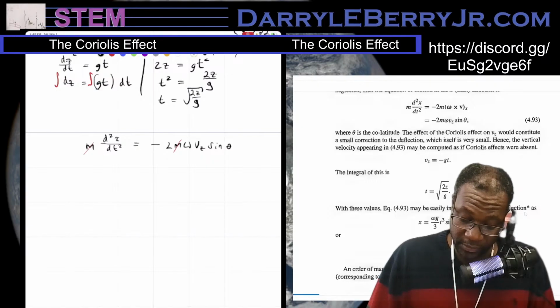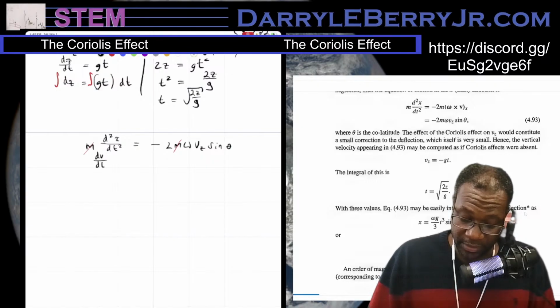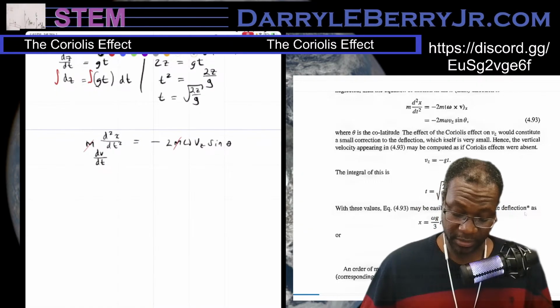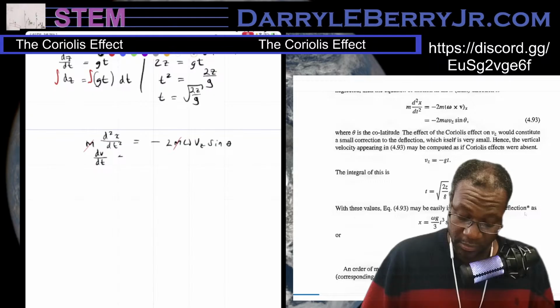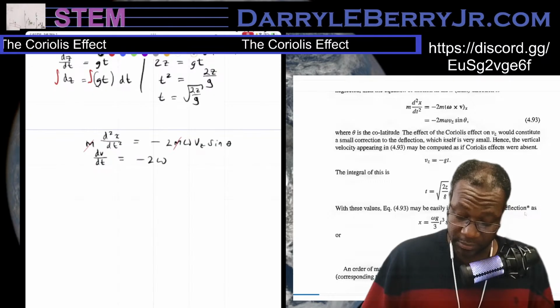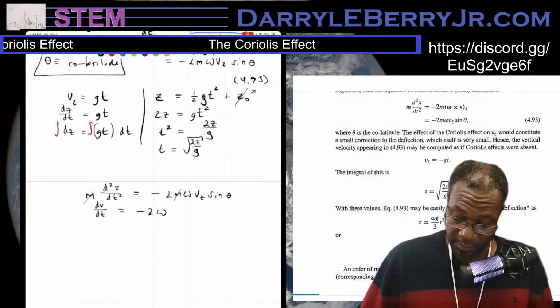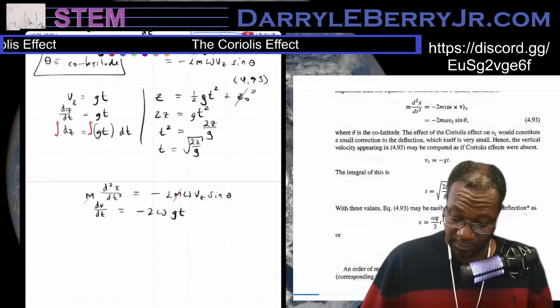So we have dv/dt, because dx/dt is v, equals negative 2 omega g t sine theta.